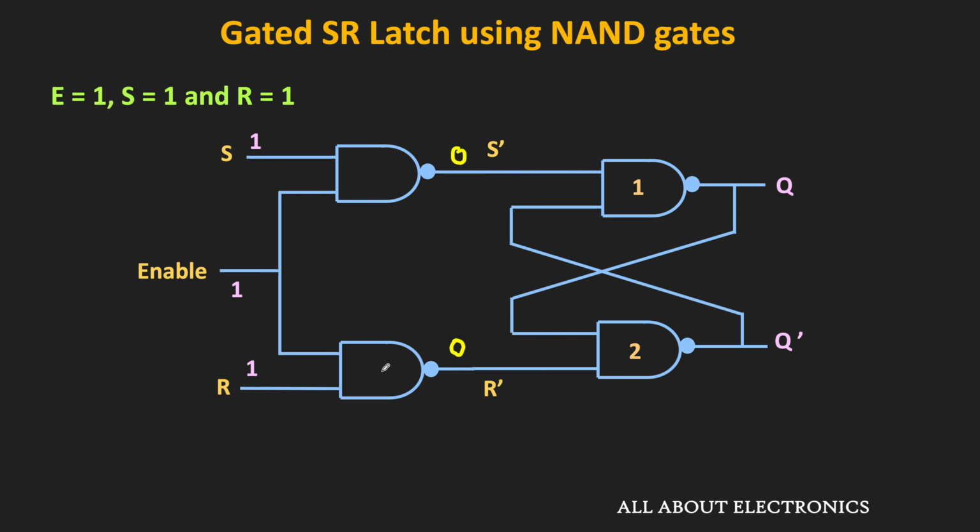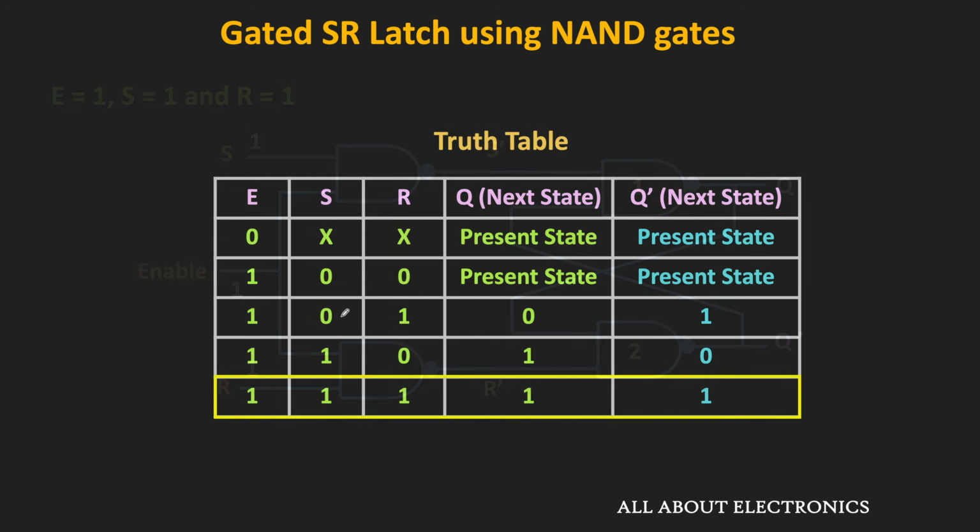That means in this condition, both S dash and R dash are 0 and therefore these two outputs Q and Q bar will become 1. So in this condition, as you can see, both the outputs Q and Q bar are the same. And just after this input, when this enable input goes low, then we do not know what is the output state of this latch. And that is why this input condition is forbidden.